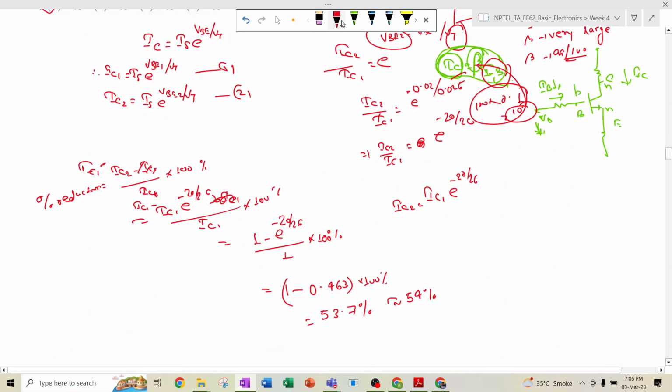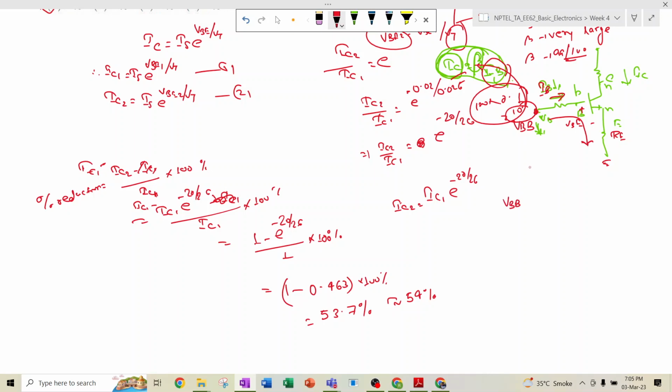See, if we apply some input voltage, suppose the bias is VBB, and there is some IB current flowing, and there is some voltage drop VBE, and suppose this is the resistance RE. So here you are getting one input loop, right?